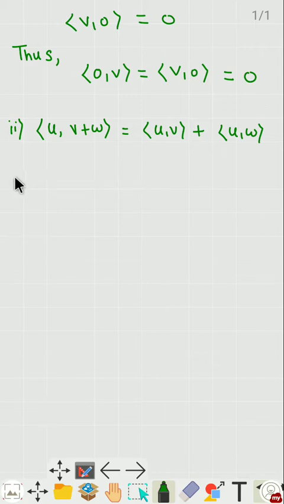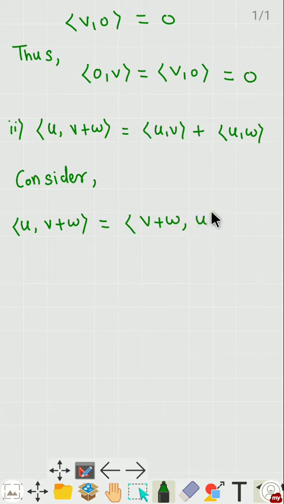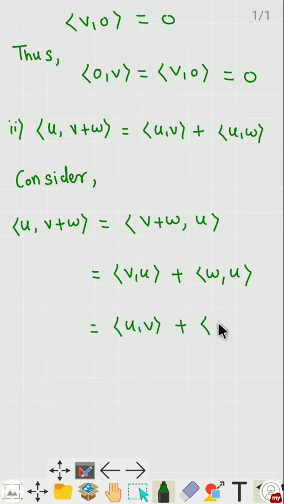Consider the left hand side, LHS: the inner product of u with v plus w, and by symmetry we can write the inner product of v plus w with u, and by the additivity property it is the same as the inner product of v with u plus the inner product of w with u, and again by symmetry, it is the inner product of u with v plus the inner product of u with w.